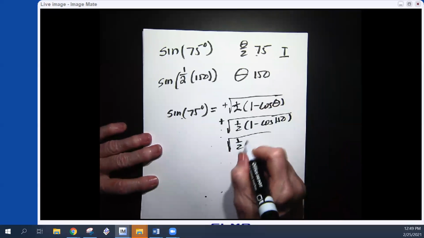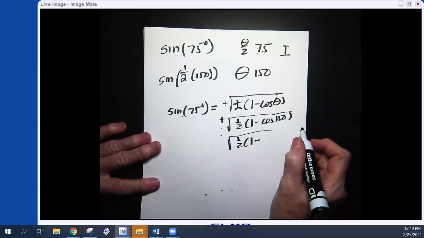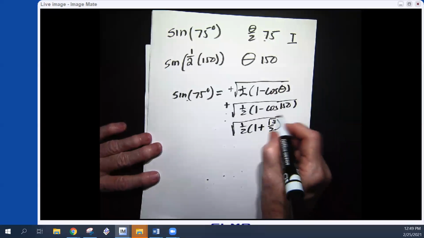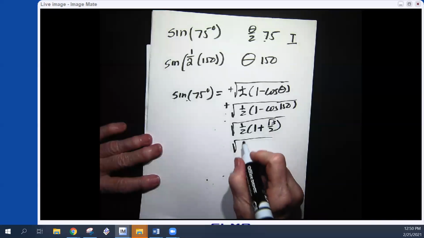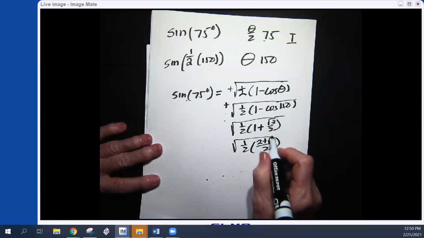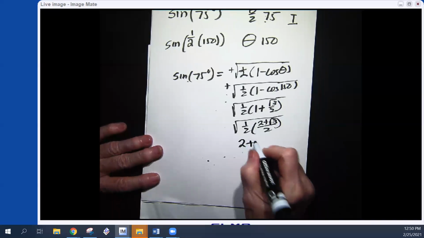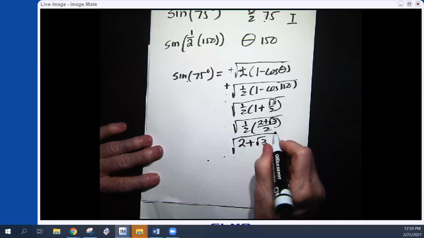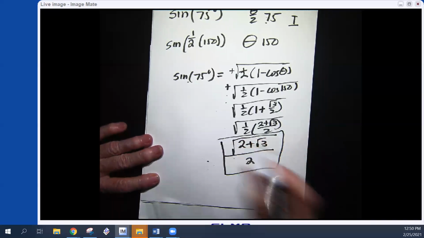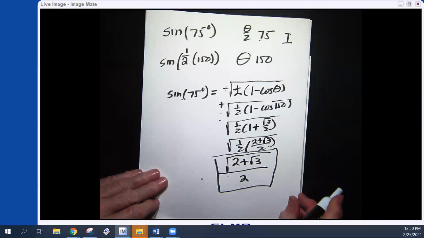So square root of 1 minus the cosine of 150 is negative square root of 3 over 2. So plus the square root of 3 over 2. So 1/2 times 2 plus root 3 over 2, which simplifies to 2 plus the square root of 3, square root, all over 2. You're going to have some really ugly answers as you're working through this problem. So I have the square root of a square root.